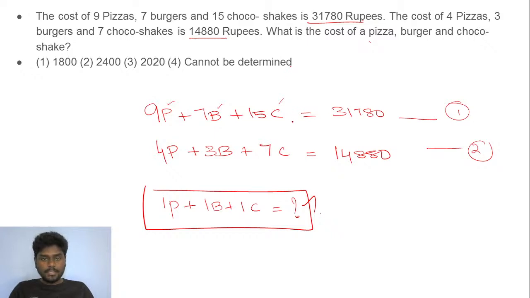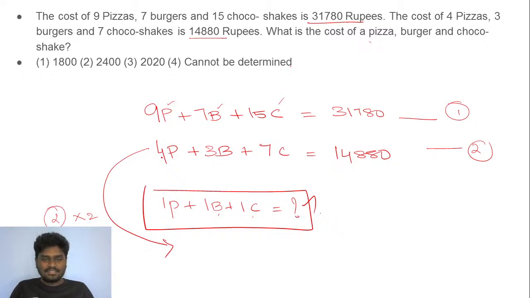So what I can simply do now, if I want to find the amount of 1 pizza plus 1 burger plus 1 choco shake, let me take equation 2 and multiply it by 2.